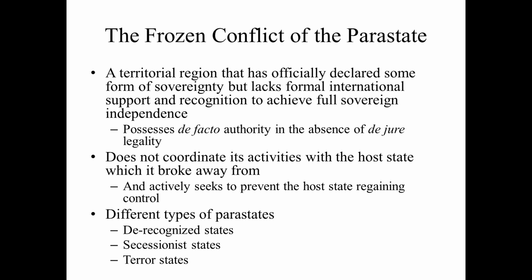Terror states are a relatively new thing. And these are territorial entities that are actually either set up by or taken over by terrorist organizations. So the Islamic State, for instance, was for about 2 years a legitimate parastate. It claimed sovereignty. It claimed that it was a separate state from Syria and Iraq.